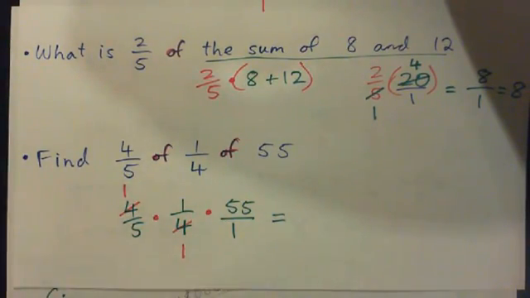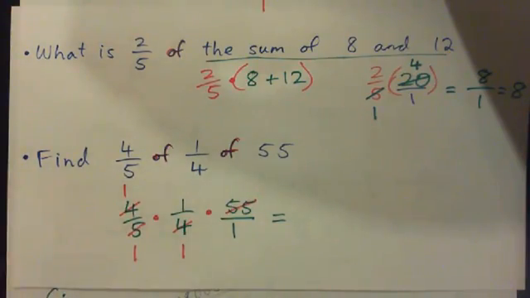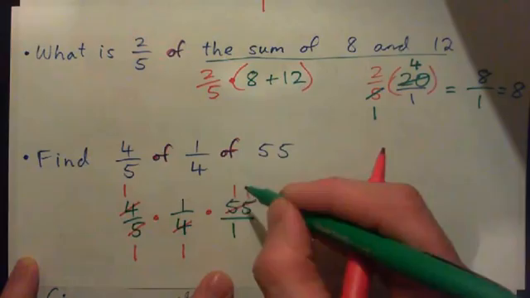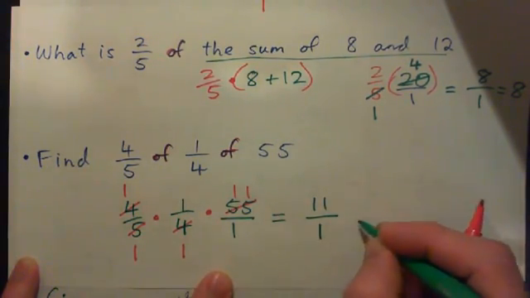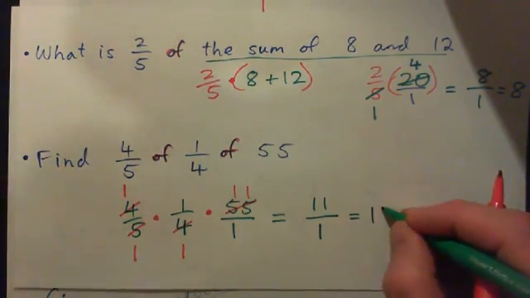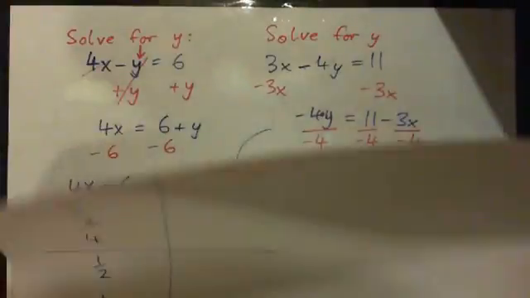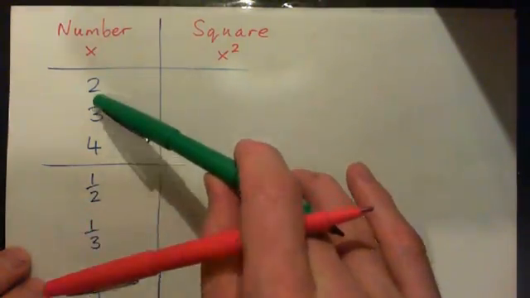What else have we got? 5 and 55. 5 into 5 goes once. 5 into 55 is 11, isn't it? So we get 1 times 1 times 11. That's 11 over 1 times 1 times 1, which is 1. And 11 over 1 is 11.